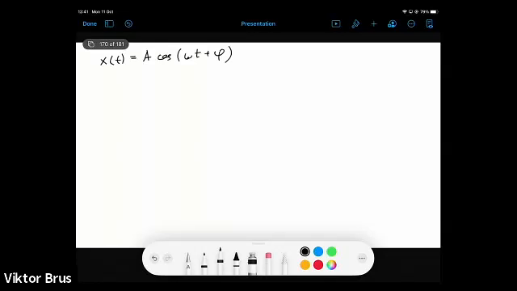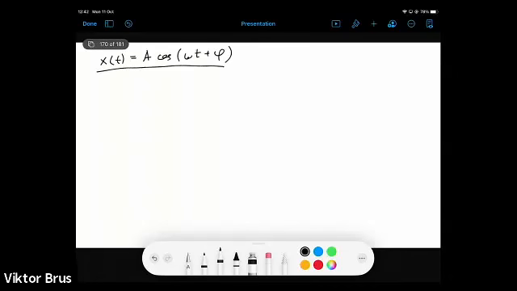And now the question is, how do we go from this to velocity and acceleration as a function of time? Any suggestions? The derivative? Sure, you are right.